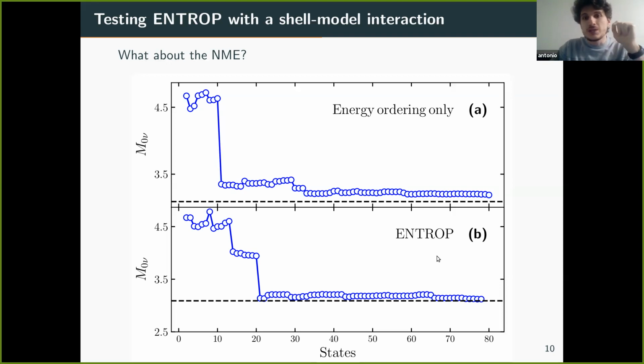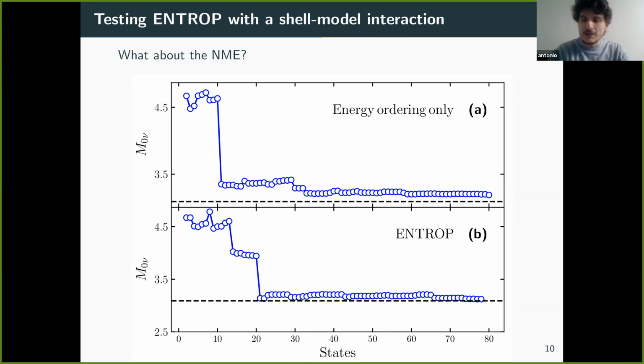So we have also included the case of selecting states by using only the energy, so without including partner states. So just in energy order. So we take in germanium and selenium states going only in energy order. They will only be taken if the overlap between these states is less than this certain cutoff.